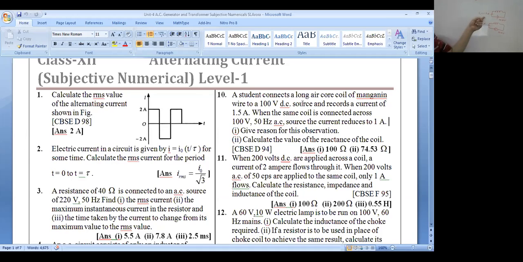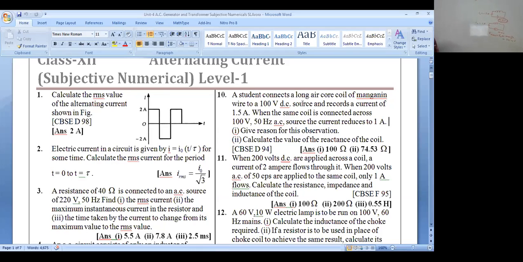Here it is AC, so the voltage is 100 volt. In case of DC, whatever voltage is given appears as the maximum value, 100. But in this case, 100 is the RMS value, and the maximum value E naught, if you multiply 100 by root 2, comes to 141.4 volt.